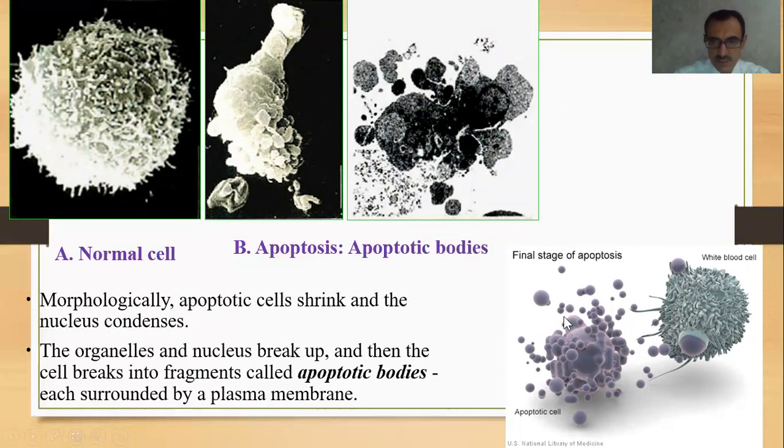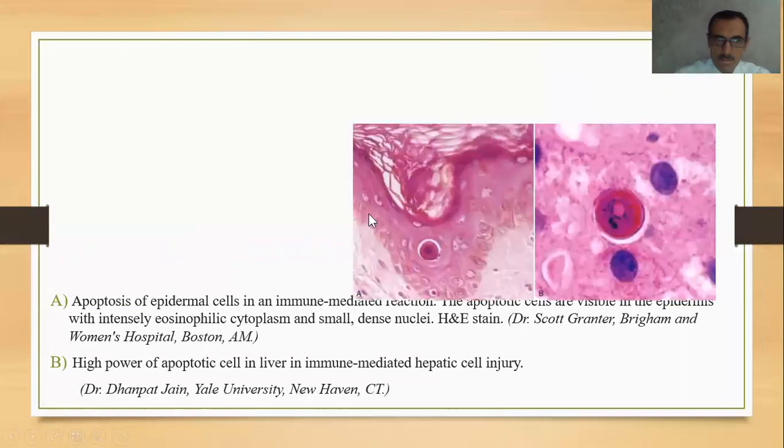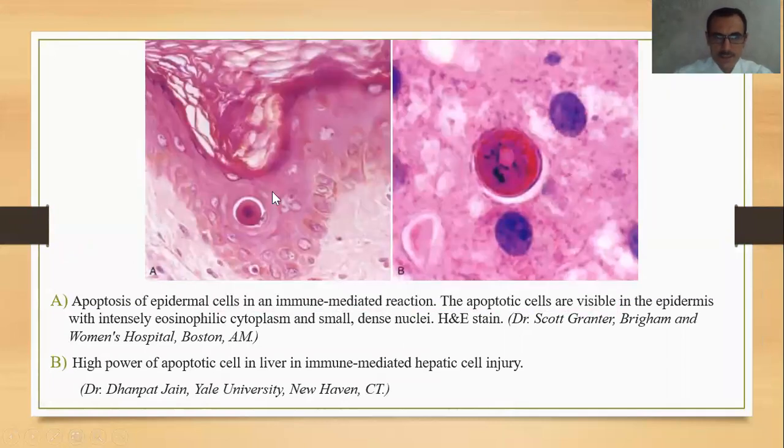Here is a schematic illustration of the final stage of apoptosis, where the apoptotic bodies are engulfed by the macrophage. Here are other figures. First is apoptosis of epidermal cells in an immune-mediated reaction.